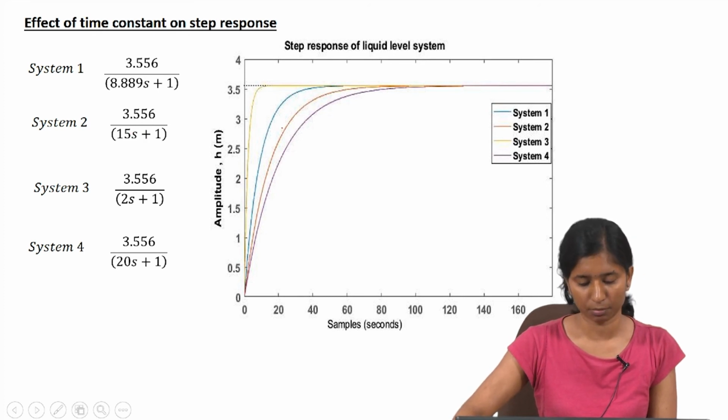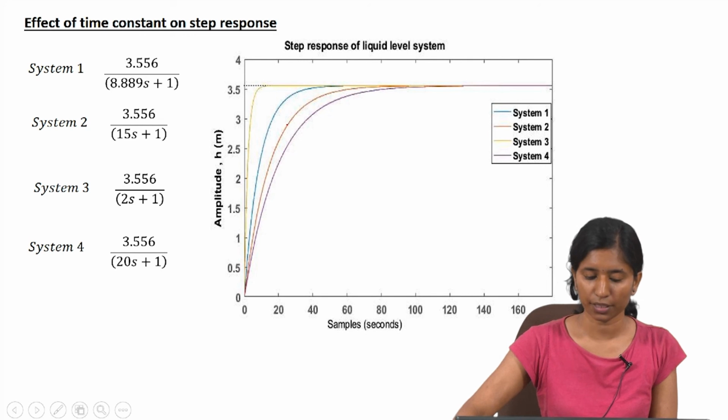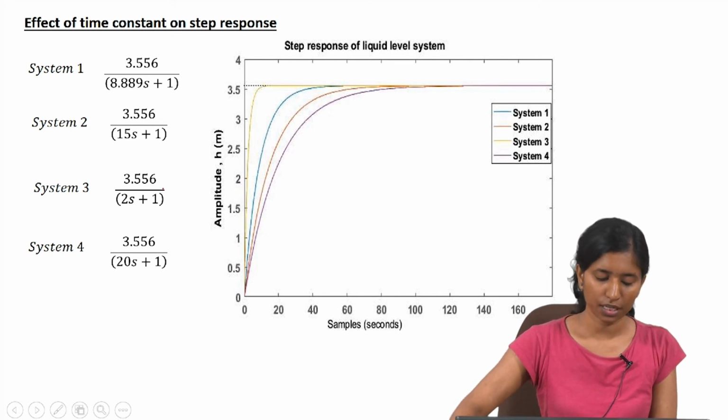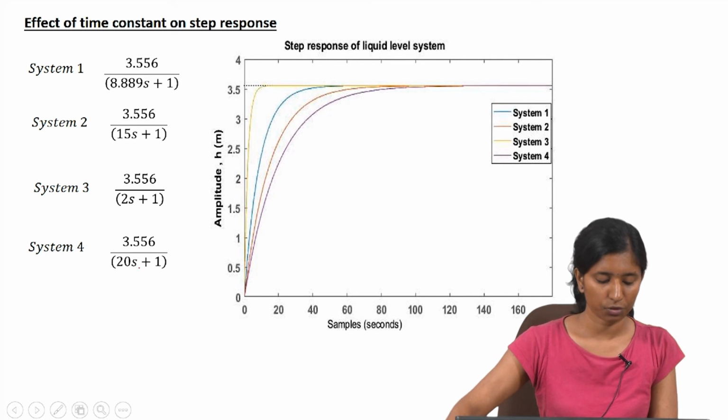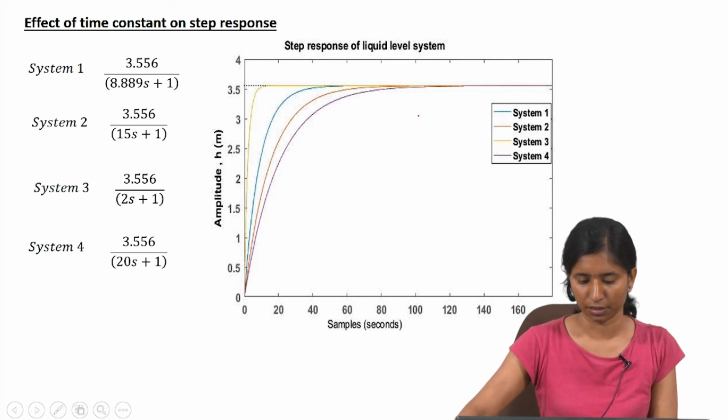System 2 is represented by this orange line here, and it is slower than system 1. System 3 has a time constant of 2, and it responded very fast and very quickly reached the final steady state value. System 4 has a time constant of 20, and it is the slowest among these.